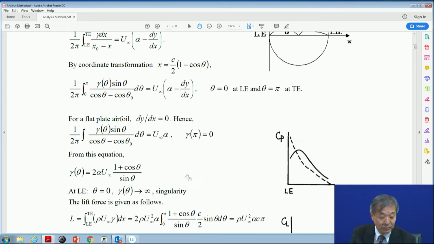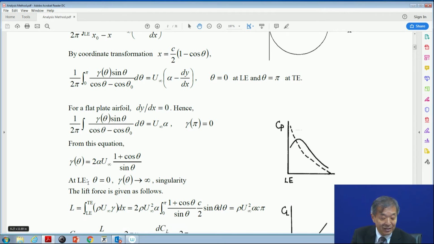At the leading edge, theta equals 0, which means gamma theta goes to infinity. It's a singularity point because this is the leading edge of the flat plate. So this is CP versus chord, and there is a singularity here.